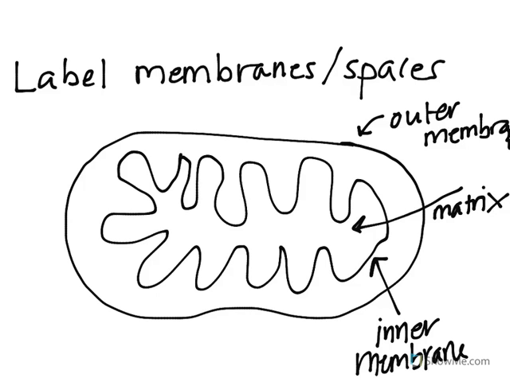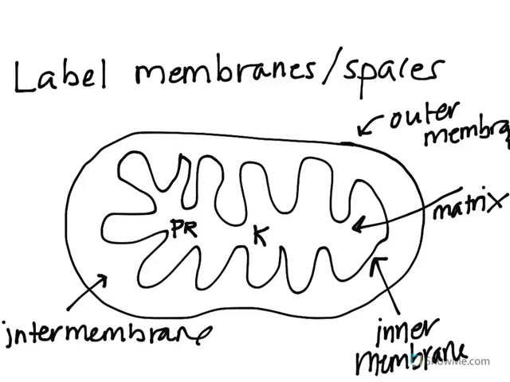This is going to be the location for a lot of the cellular respiration steps. So the preparatory reaction is going to take place here, and the Krebs cycle is going to take place here. The other space that we have is right in between the inner and the outer, and this is called the intermembrane space, or the IMS.